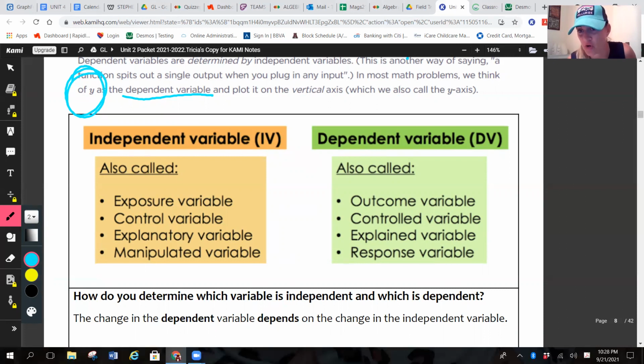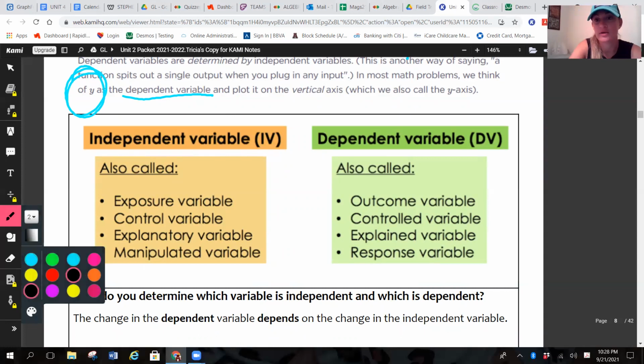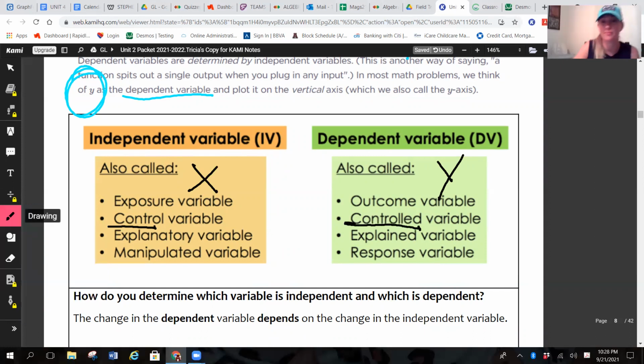The dependent variable, DV, also called the outcome variable. Hey, what did you get as your answer? What's the outcome? That's the Y variable. So these are called Y's, these are the X's. Controlled variable. So we have control variable and the controlled variable. It's the explained variable, it's the response variable.